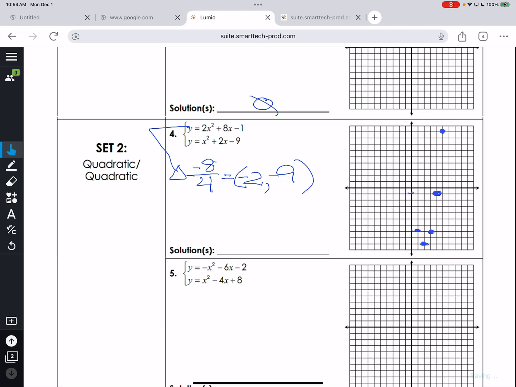Good, so positive 2. Thank you. -2, -9. And I should have caught it on where it landed on the y-intercept, and it's 2.